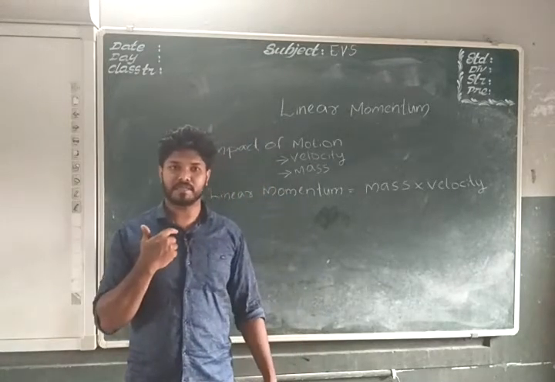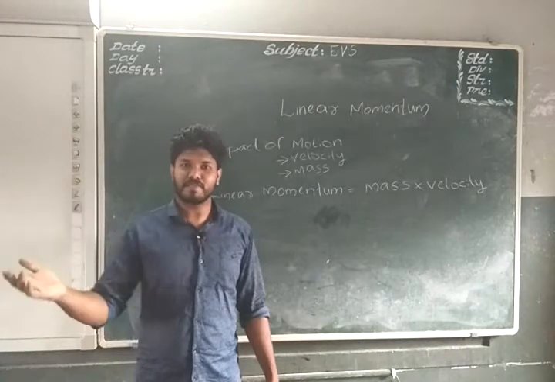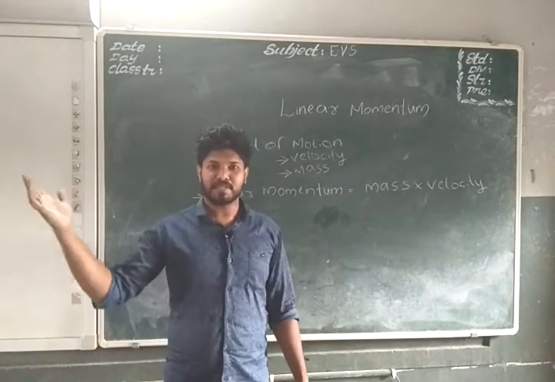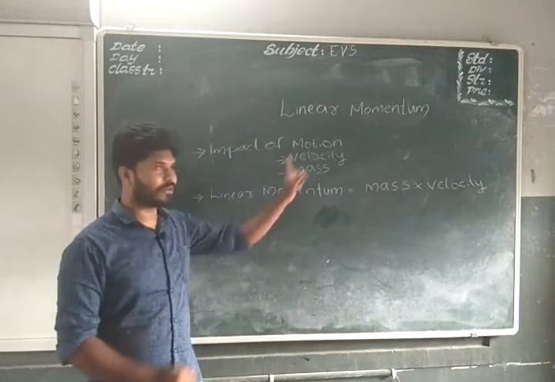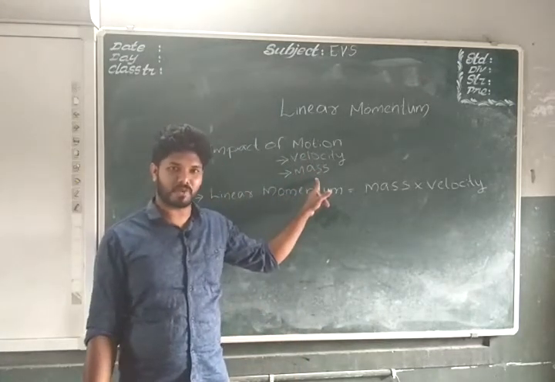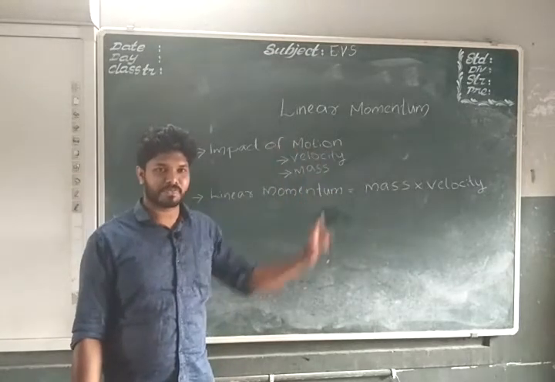Our life may be in danger if we get an accident with a truck passing at 5 meters per second, isn't it? So this mass and velocity, both play a role in the impact of a motion.